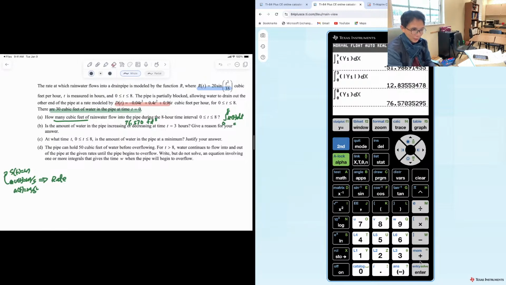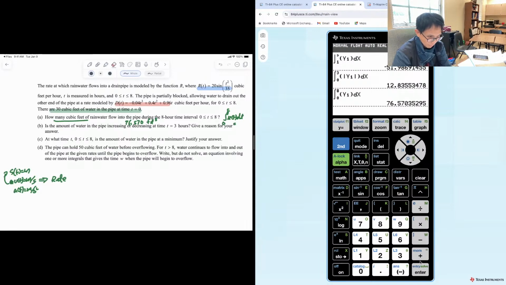Is the amount of water in the pipe increasing or decreasing at t equal to 3? Now, obviously, this one we have to consider in and out, right? No, initial doesn't matter here.